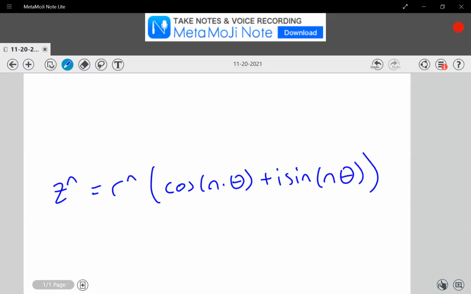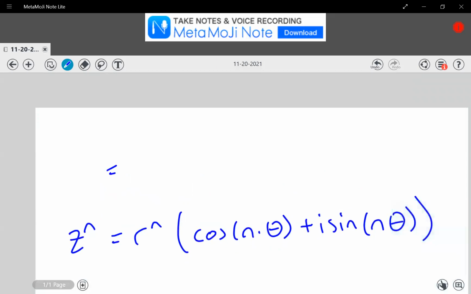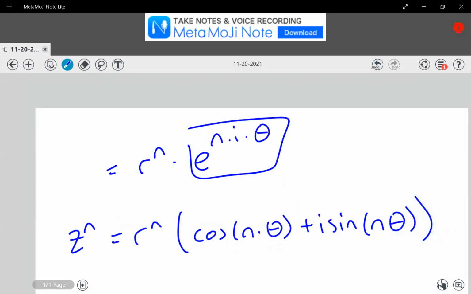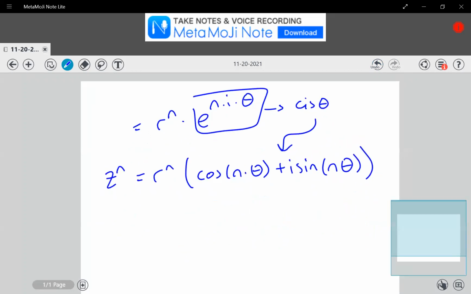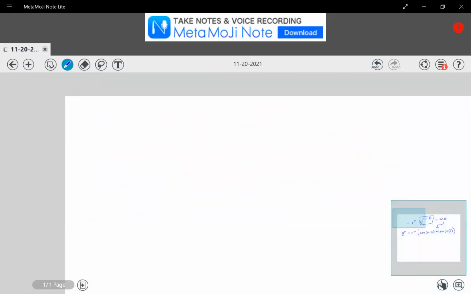All right, and this comes from the Euler thing where you had r to the n times e to the n times i times theta, right? Remember, because this part here is equal to this theta, essentially, which we can say is again equal to here if we spread it out. So how do we find roots using De Moivre's theorem?